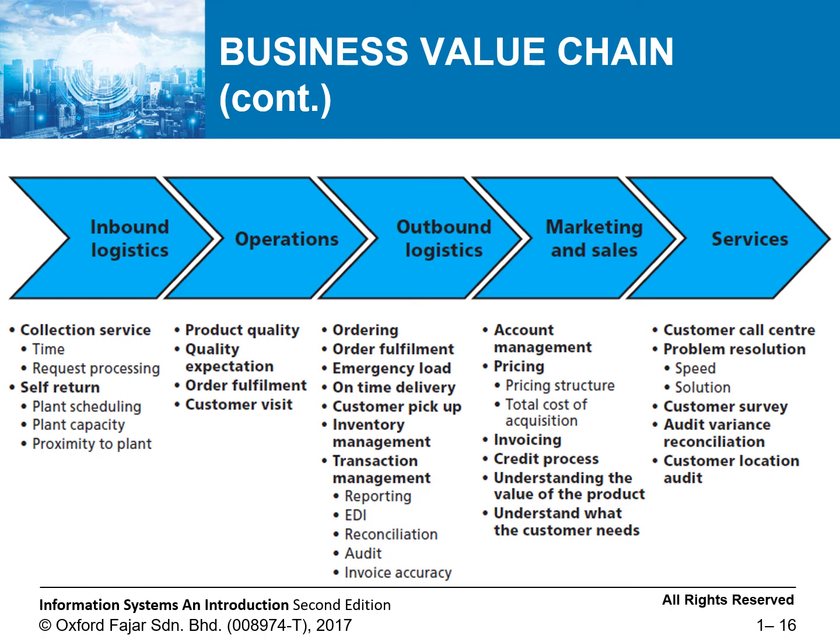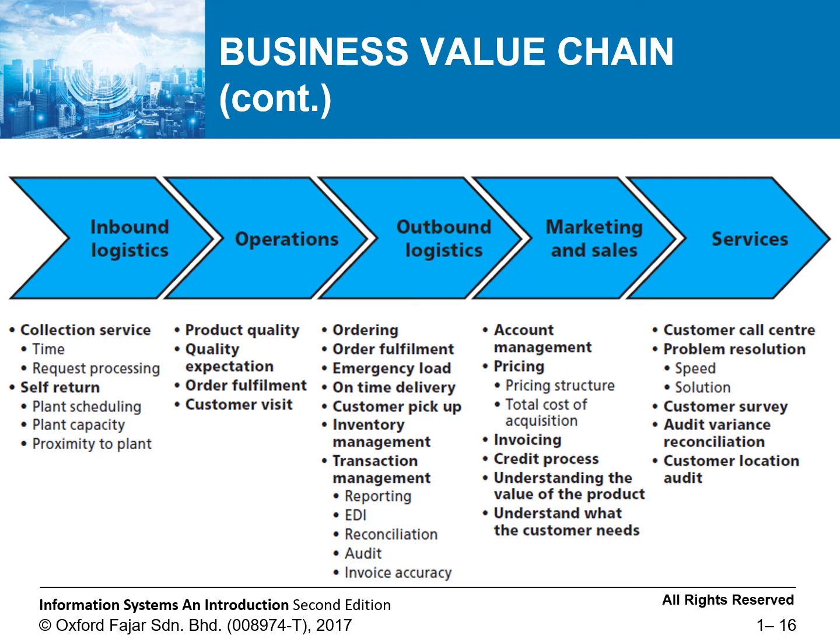So the cost and value of this activity will determine whether or not the best value product or service is being made that satisfies the customer. And here in the operations activities, we can see the value based on product quality and quality expectation, the order fulfillment, and also the customer visit.